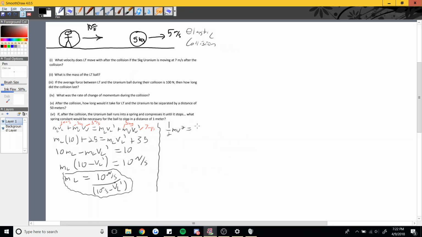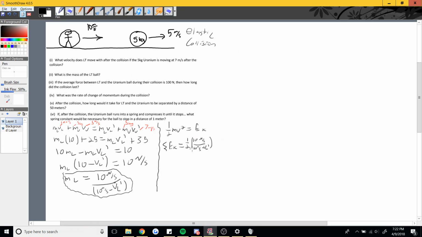But the sum of all the kinetic energy before the collision equals 1/2 the mass of little Timmy, which we know as this. So instead of throwing in an ml, we're going to throw in this whole big thing: 10 Newton seconds divided by 10 meters per second minus vl prime.